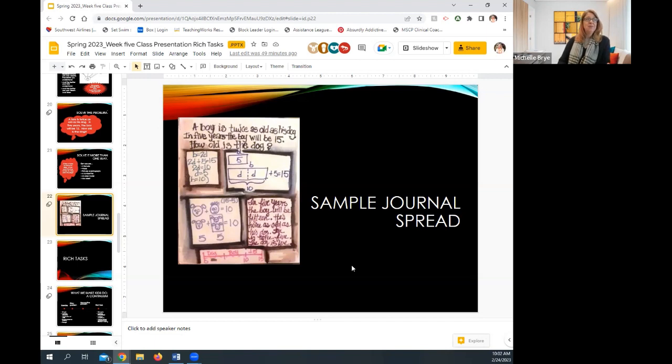In 5 years, the boy will be 15. How old is the dog? So you can look at different ways, different models. And again, you have this PowerPoint, so it might be something you want to take a look at when we're trying to look at other ways to solve problems rather than just going to the formula, although the formula is completely fine. We just want to make sure we're looking at multiple ways to solve.